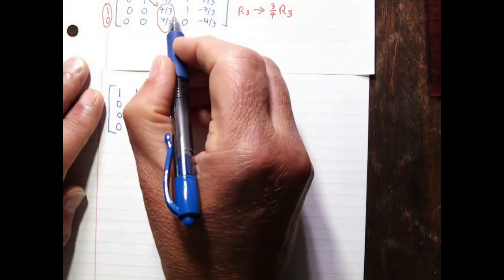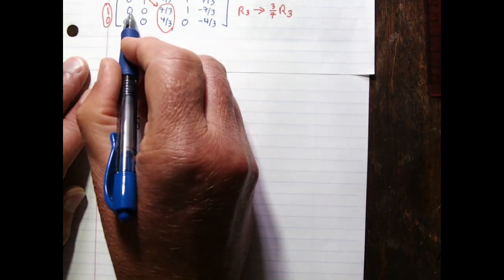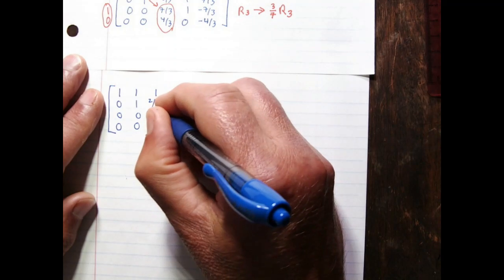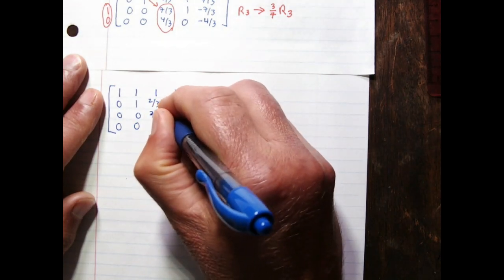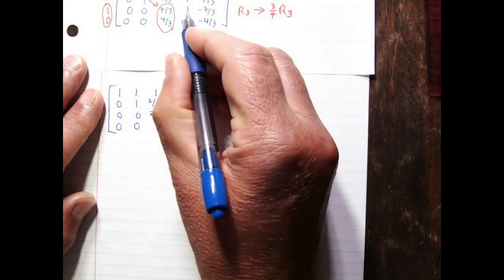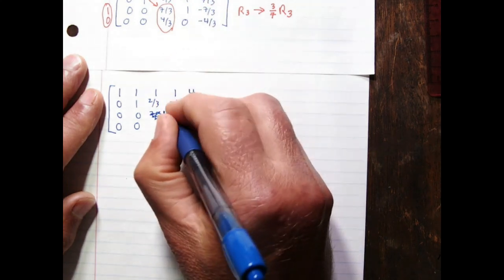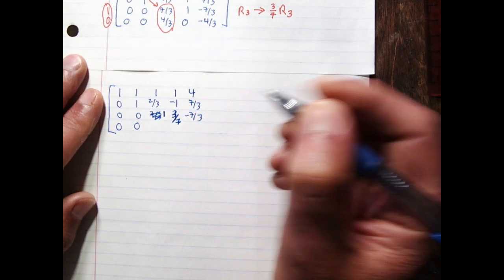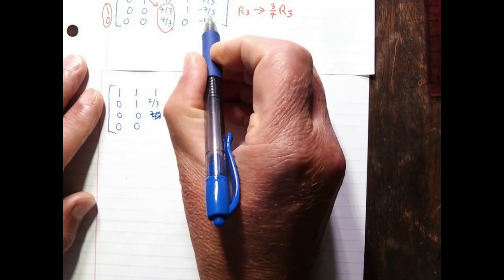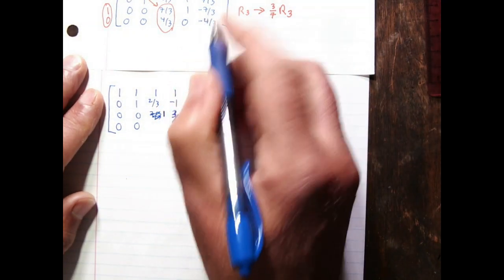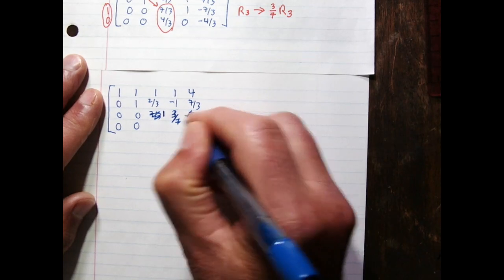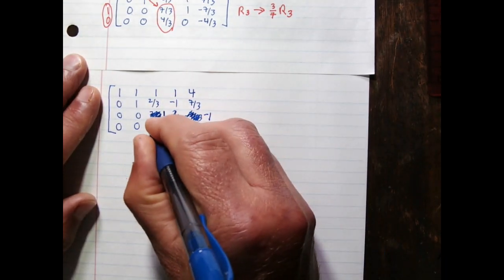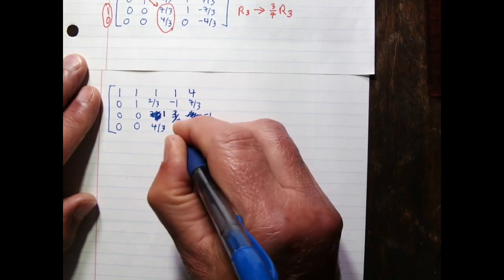I have to take 3/7 times each entry. I get 0, 0. 3/7 times 7/3 is 1. That's actually a 1. 3/7 times 1 is going to be 3/7. And 3/7 times negative 7/3 is going to be negative 1. It's the 4th row that I was jumping ahead of myself.